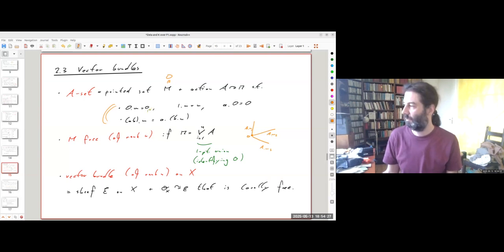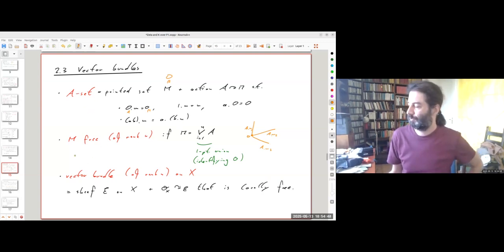This is 0 in M, this is 0 in A. 1 is acting neutrally, and any element fixes the base point of M. And then there's associativity of the action, and that's an A-set.